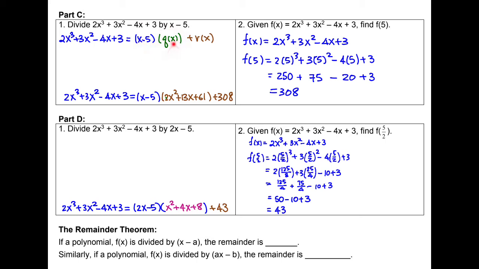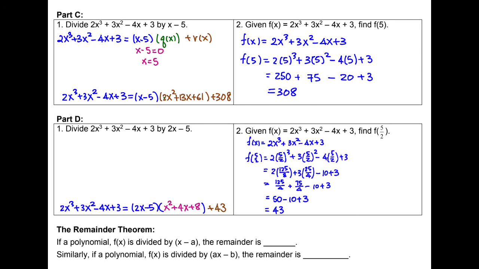However, I have no idea what the quotient is, so the only one I know is the divisor. So if the divisor becomes 0, and 0 times anything becomes 0, then this will just leave me with a remainder. So we say, let x minus 5 equals 0, then x will become 5.